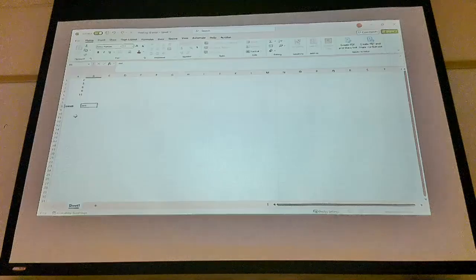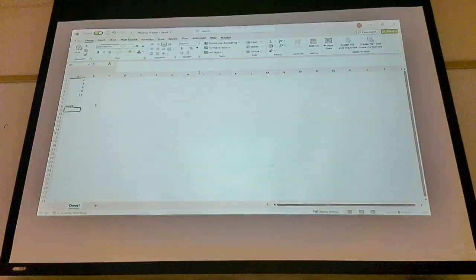Let's call that pop. This is Excel. Finding the average for this population isn't too difficult to do by hand.